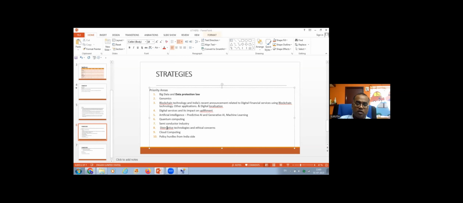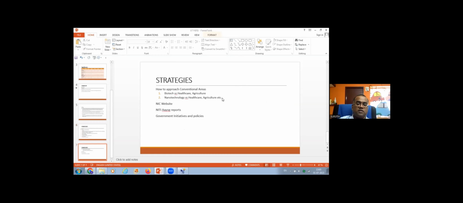There is one technology category called disruptive technologies. Nowadays, technology always comes with concerns and issues, so you have to understand how technologies need to be handled in a very ethical way. That you have to study. Cloud computing, and the difficulties or challenges faced by India regarding technologies, you have to prepare.